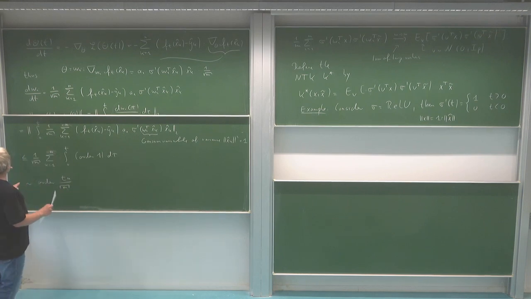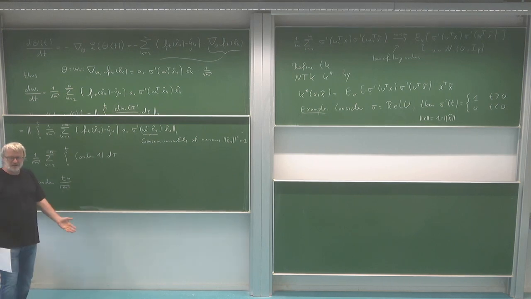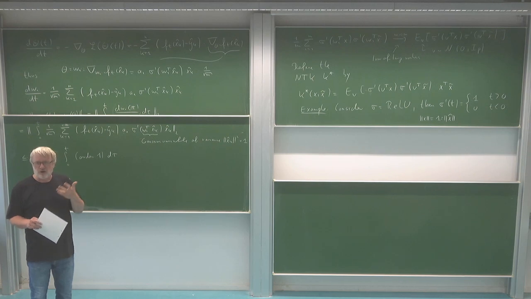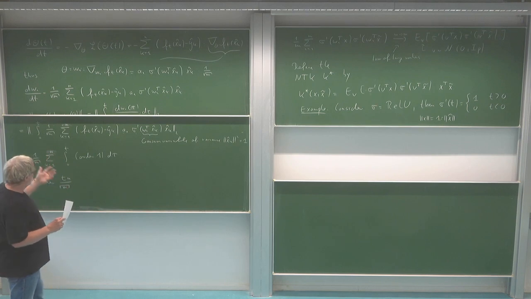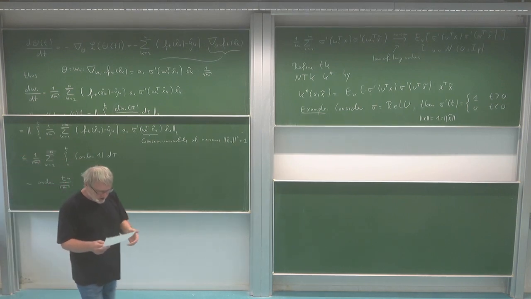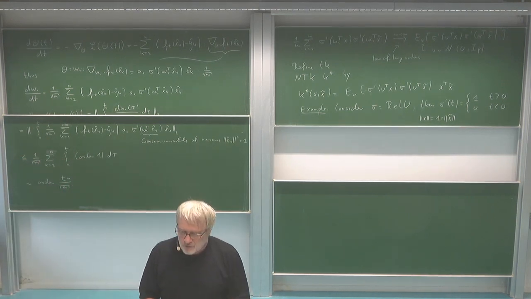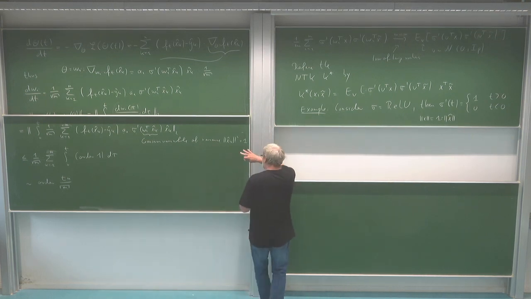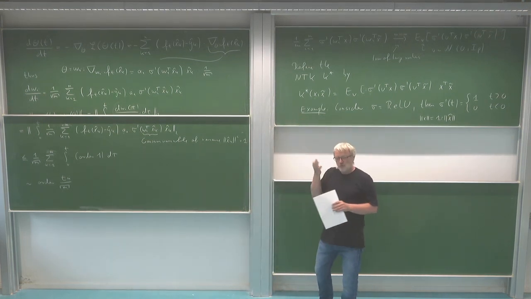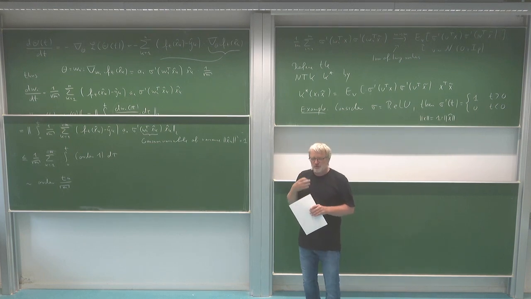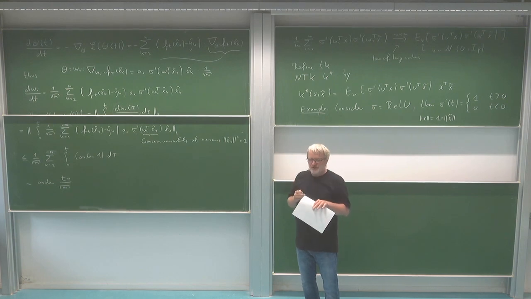Good, so this means that the weights are not changing much. In the limit, actually, they don't change at all, but they are not changing much. And this of course means that the change of the kernel is determined in terms of the change of the weights, so it is also not changing much. That's the reason why the kernel is not really changing: we are training the weights, and of course in a finite situation we change them a little bit, but not much.